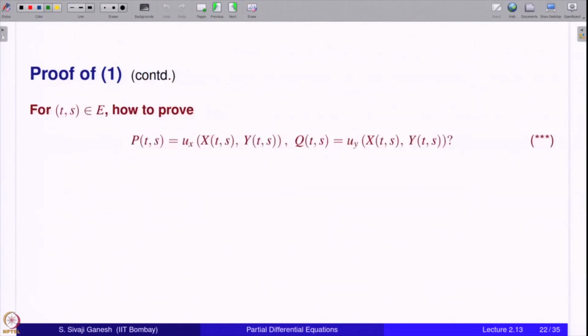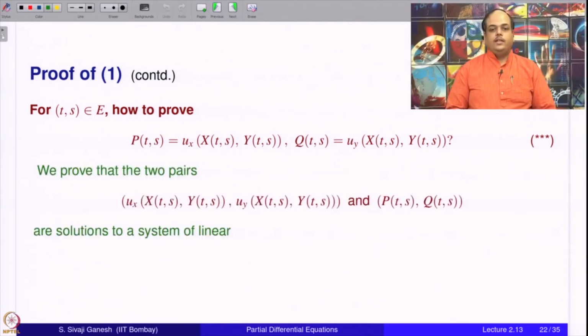How are we going to show that? We prove that this pair and this pair are the same by showing what? We will show that this pair is a solution to a system of non-homogeneous linear equations. This is also a solution of the same non-homogeneous linear equations.